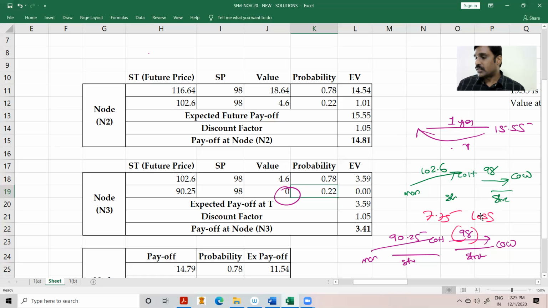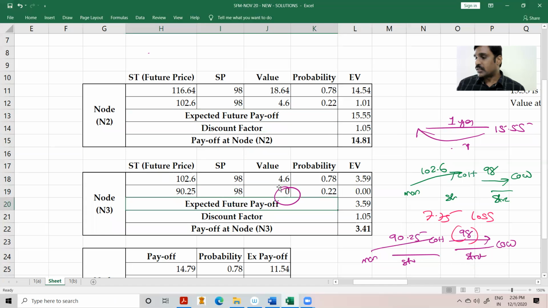If exercising results in losses, why should I exercise? I will not exercise. Therefore, my value will be 0. No profit, no loss. For this, you have to write the note point: since exercising the option results in losses, the option holder will not exercise the option. So the expected value will be 0. This is the expected future payoff.